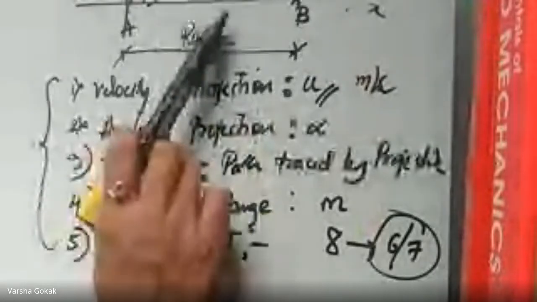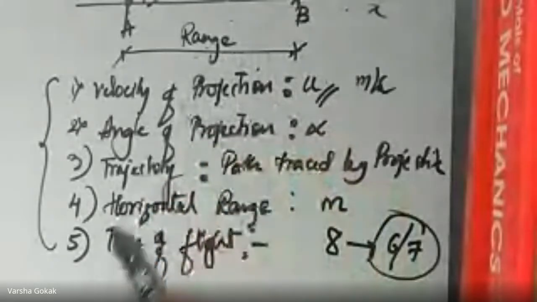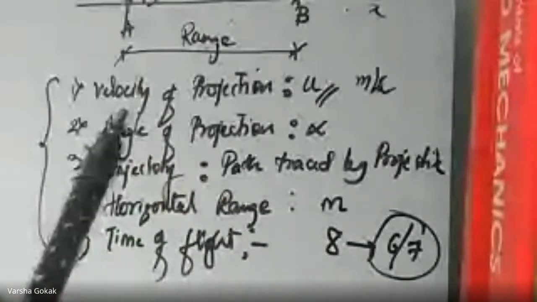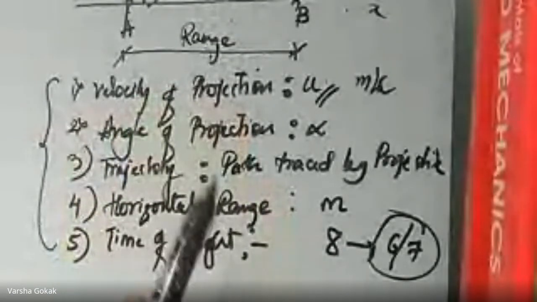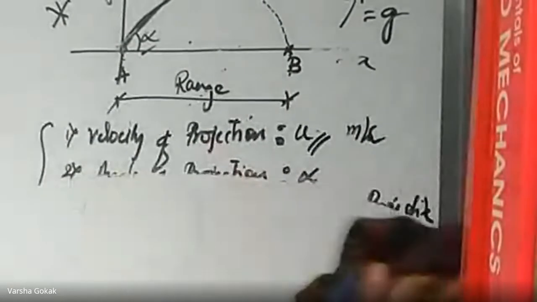So use a figure. Sometimes the question itself says define the following with a neat diagram. If they don't ask, it is still better you draw the diagram and write this. Clear? So this is one of the important questions wherein the various parameters related to projectiles will be asked.